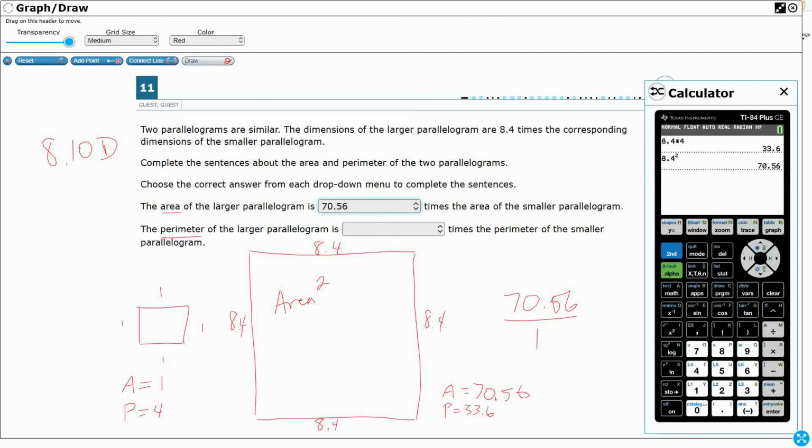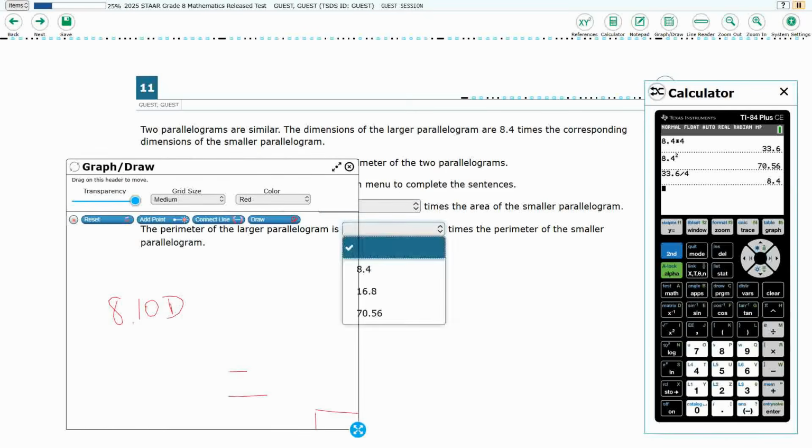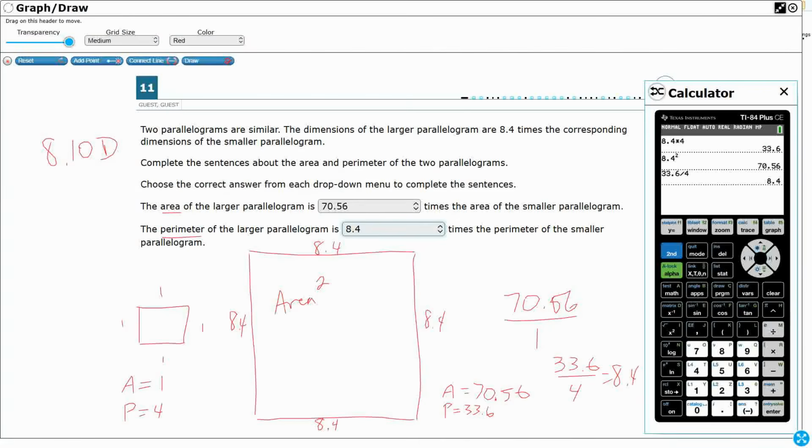Now, when we get to the perimeter, we still set up that proportion. The new one is 33.6, but we need to divide that by 4. So 33.6 divided by the old dimension of 4, and that's 8.4. And 8.4, well, that looks familiar because that's the actual scale factor.